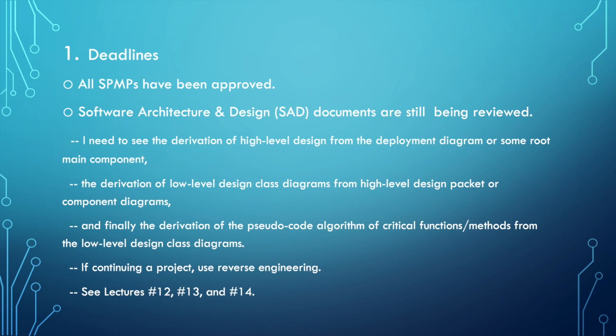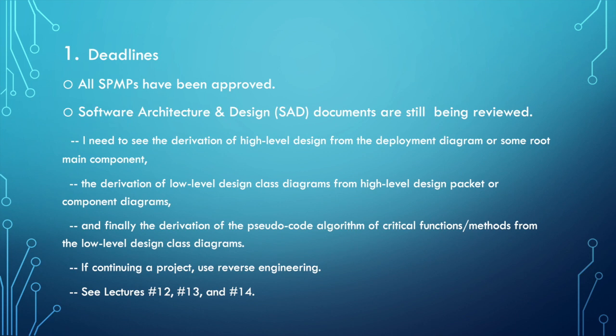So this is what you call top-down design or hierarchical decomposition. So from the hierarchical decomposition or top-down design, you can trace the derivation of the high-level design from the deployment diagram, and from the high-level design, you derive the low-level design, which is the class diagram, and then finally, you derive the methods and functions, important ones, from the low-level design.